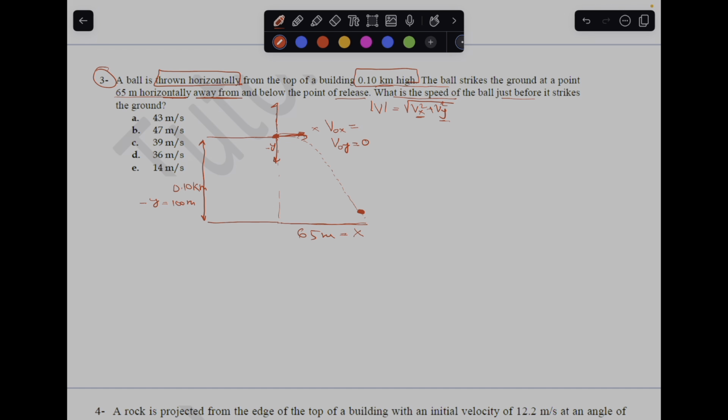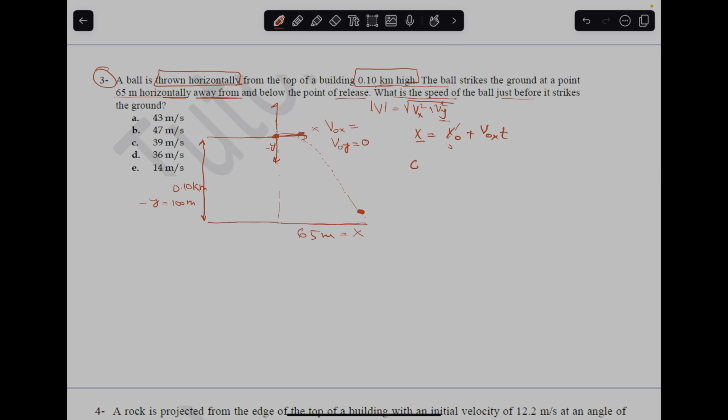Now, we want to know vx and vy. What's the x equation? x equals x naught plus v naught of x times t. Here x naught is 0 and x is 65, so we get 65 equals v naught of x times t.